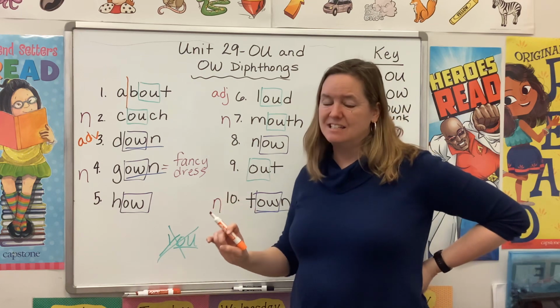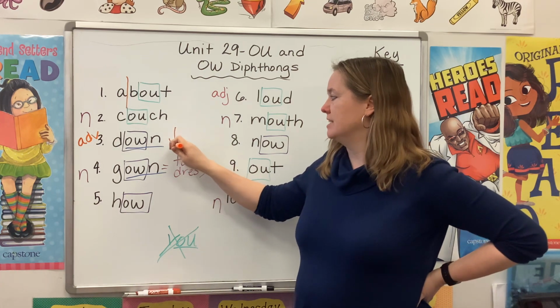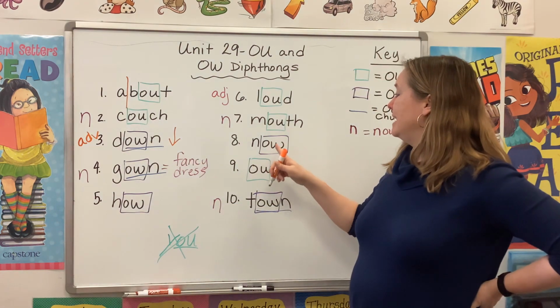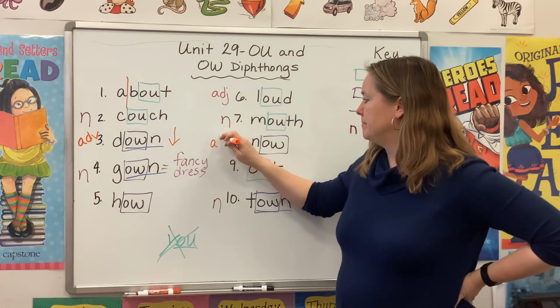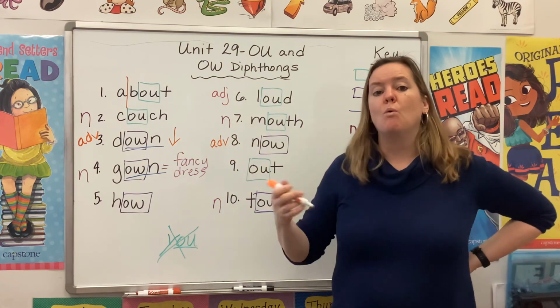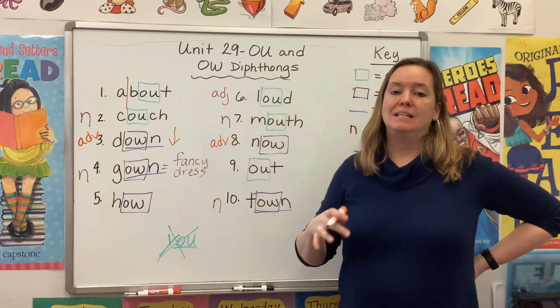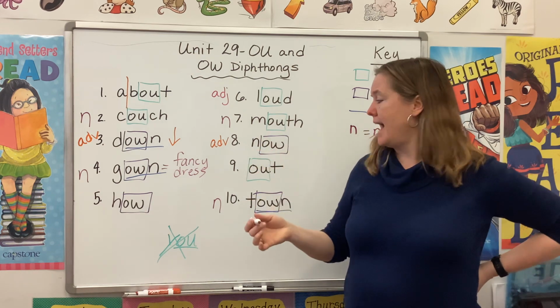I can sit or I can sit down. It tells me the direction that I'm going to move. Now can also be used as an adverb because it describes when I'm doing something. I will eat later or I will eat now. See how it adds a little detail to my action.